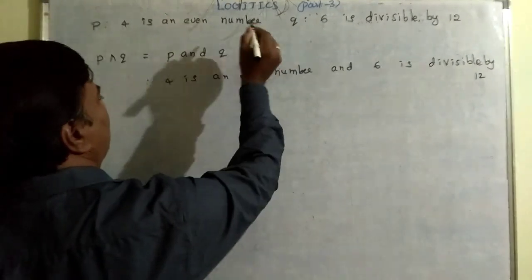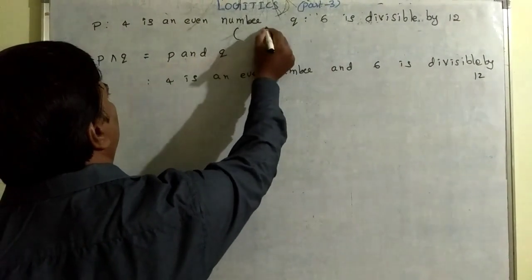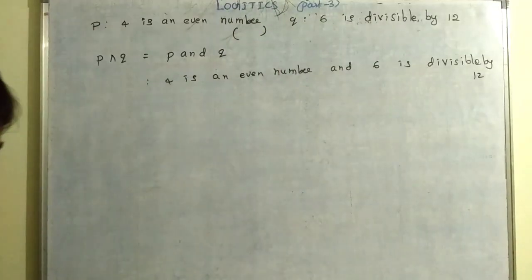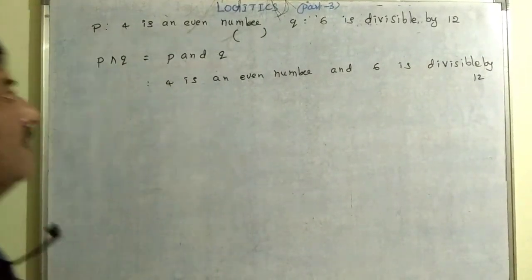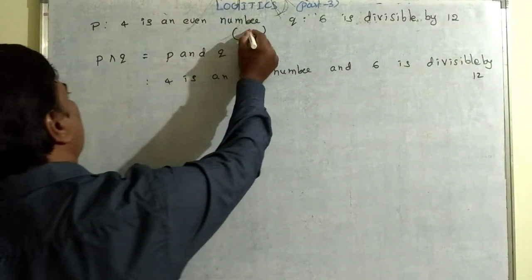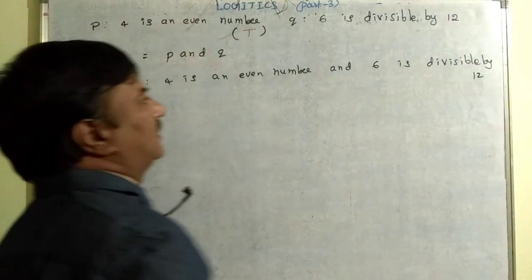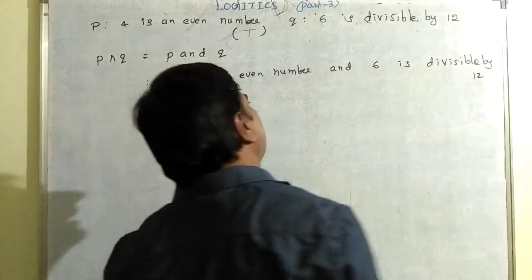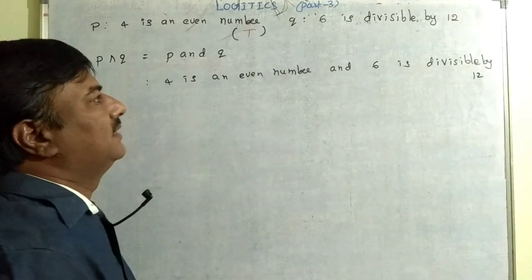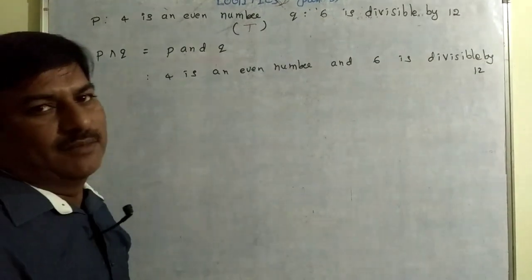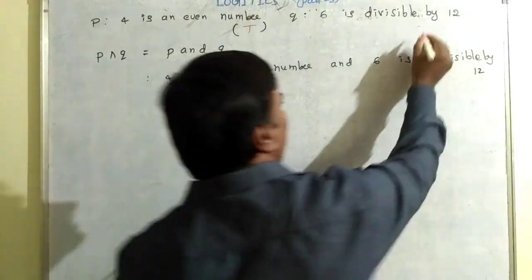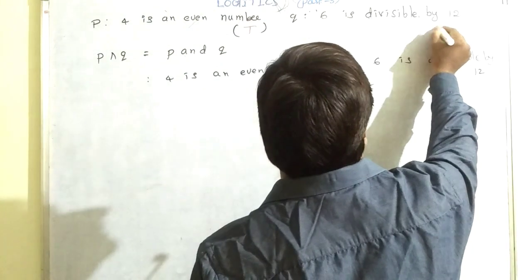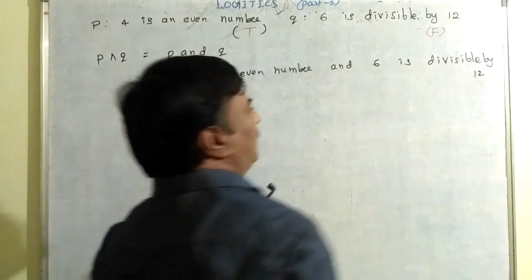Now, let us consider the result of this statement. 4 is an even number means it is a true statement. 6 is divisible by 12? 12 is divisible by 6; 6 is not divisible by 12. So we can say this is a false statement.